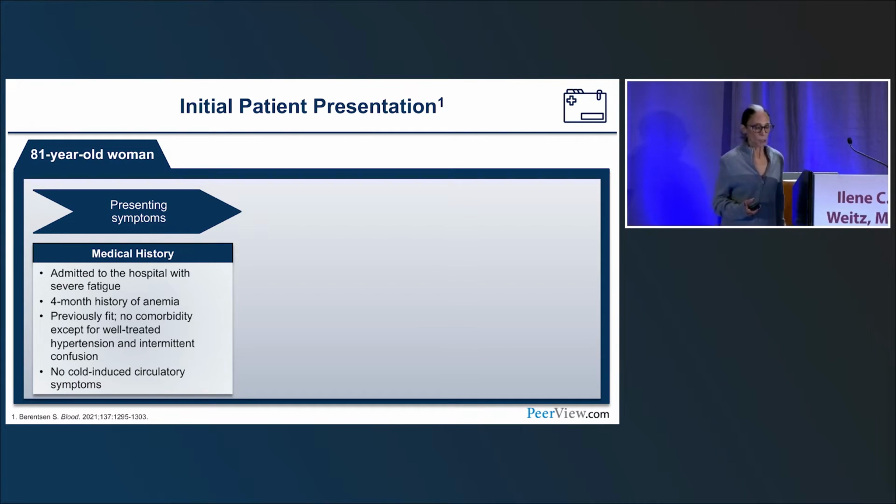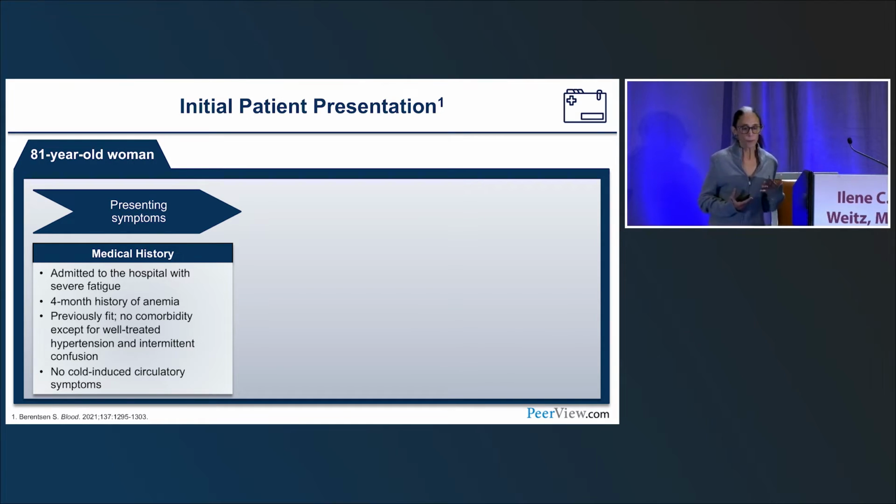So we have a patient. Now remember, cold agglutinin disease does occur in an older population. So these patients tend to be 65 and up, if not closer to 80. And this woman in particular is pretty classic for a patient. 81 years old, admitted to the hospital with severe fatigue, and she has a 4-month history of anemia.